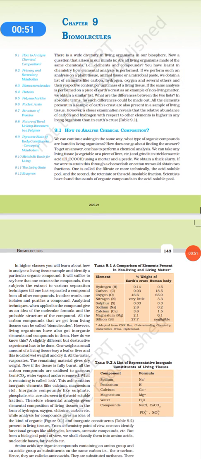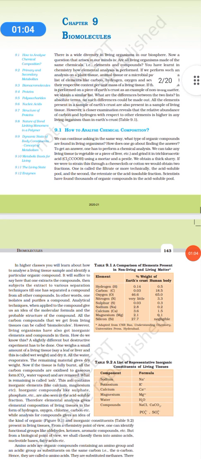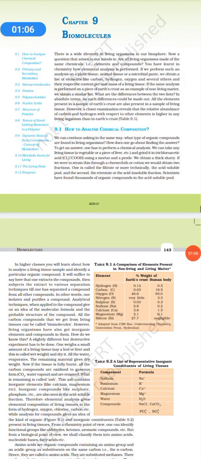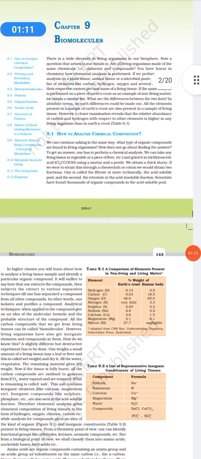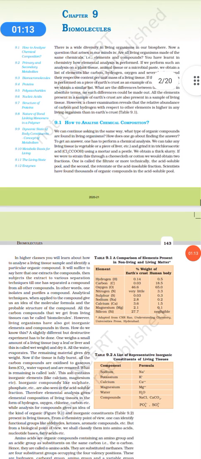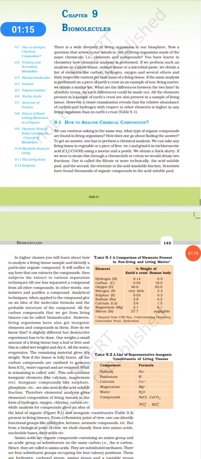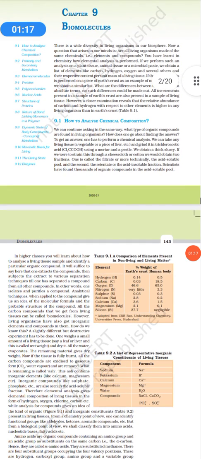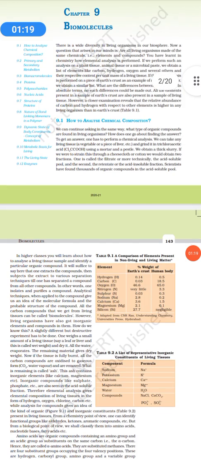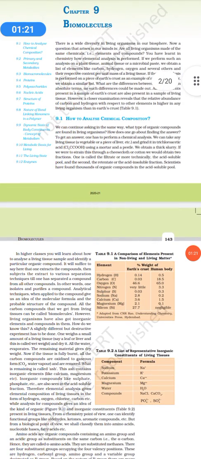We can take a living tissue, say a vegetable or a piece of liver, and grind it in trichloroacetic acid using a mortar and pestle, and then we will get a slurry. This can be filtered. Once filtered, there is the filtrate, the acid soluble pool, and the retentate, the acid insoluble fraction. So there are two fractions.